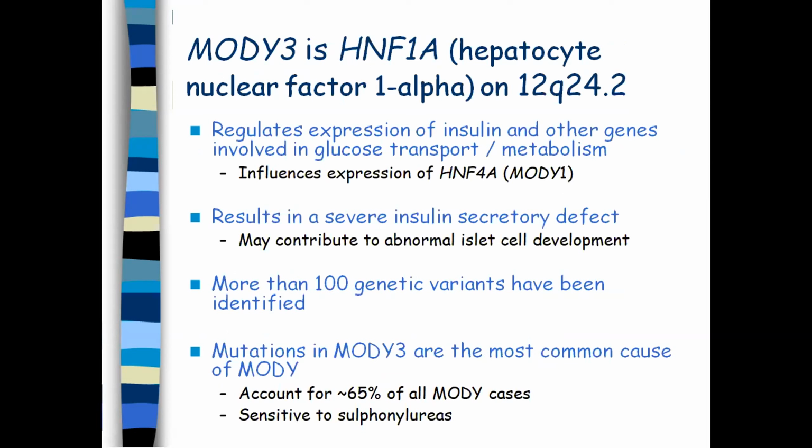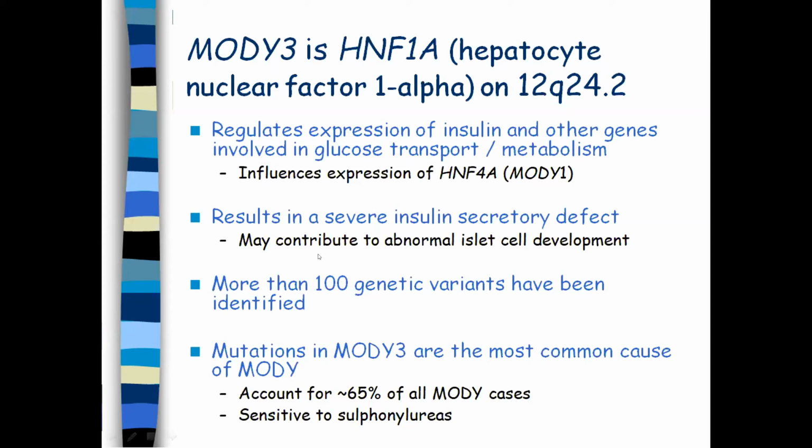So the next one is hepatocyte nuclear factor 1 alpha, at 12q24.2. It regulates expression of insulin and other genes involved in glucose transport along with glucose metabolism. If glucose is not transported to RBC, liver as well as muscles, there will be an increase in blood glucose level. Due to improper metabolism of glucose, a person may develop diabetes, with a severe insulin secretory defect, which may contribute to abnormal islet cell development.